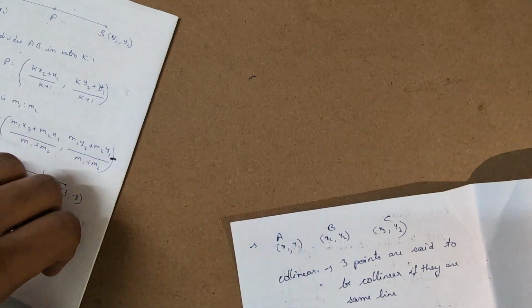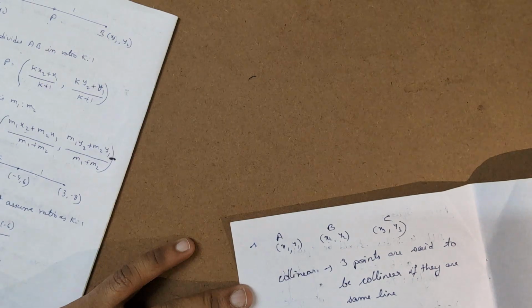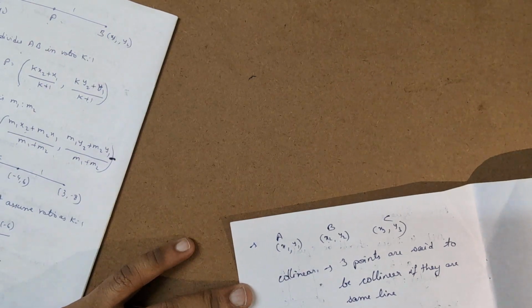To find out whether all three are on the same line, the condition is that the sum of any two sides should be equal to the third side.